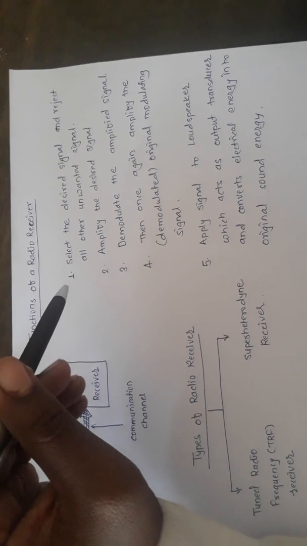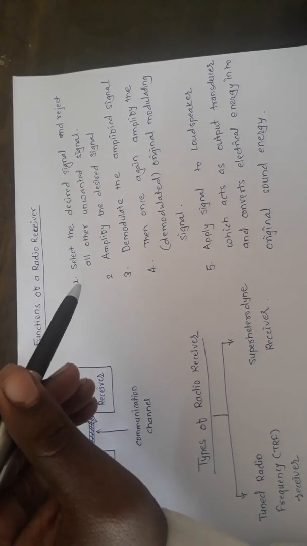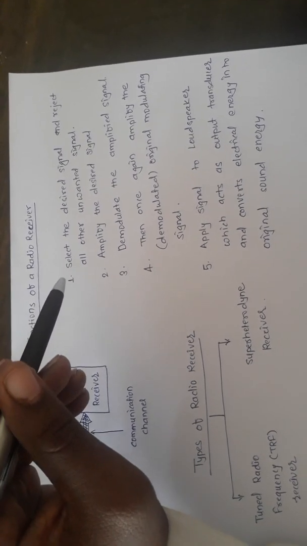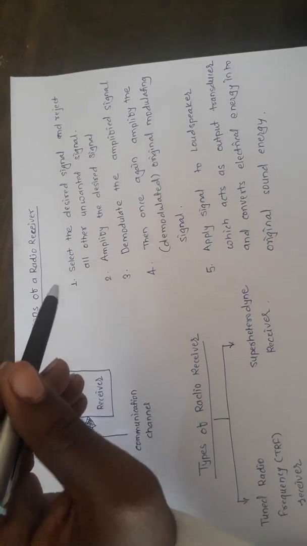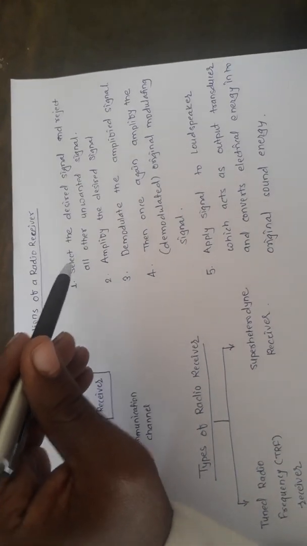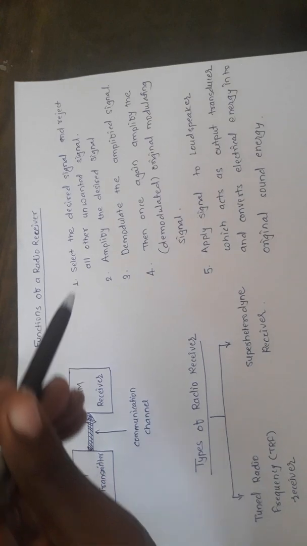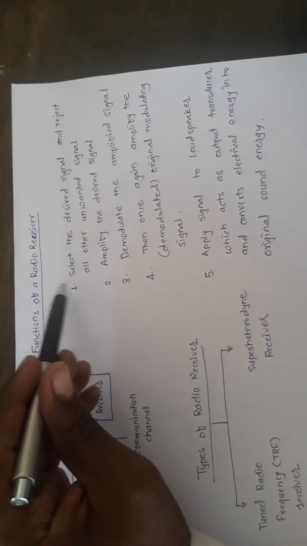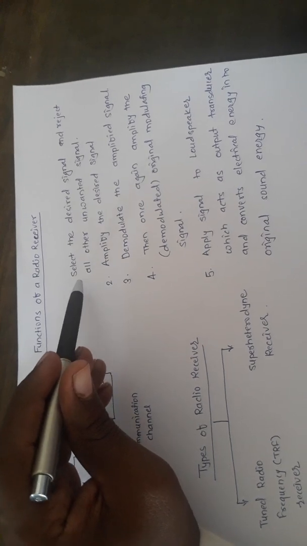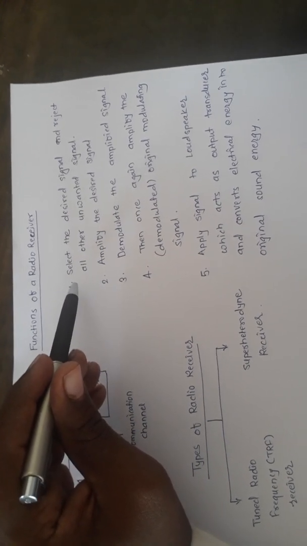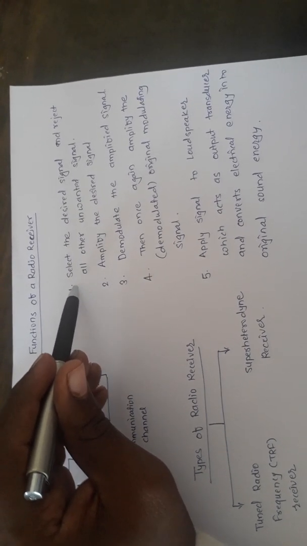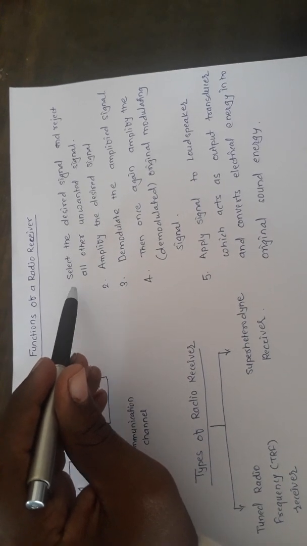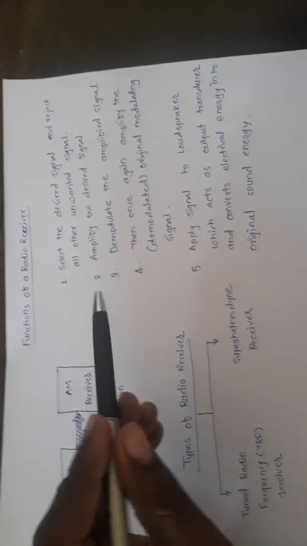Suppose you want to listen to the Mumbai station and reject all other stations, then we have to select the Mumbai station signal. So the first function is to select the desired signal. The signal selection is done with the help of frequency selection, which we will discuss in a later part.